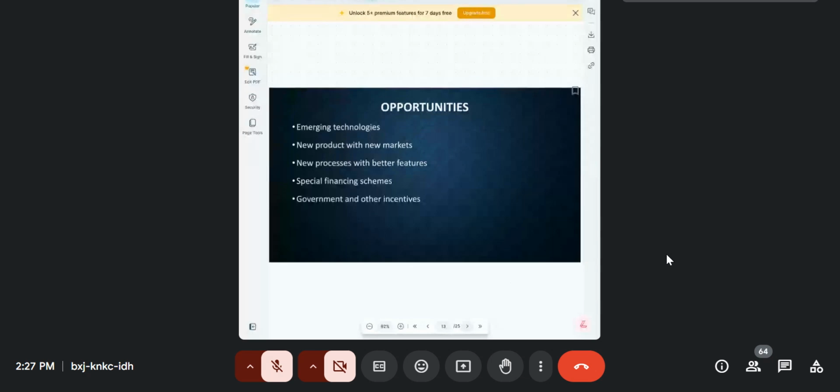So for example, you might be running an online business or online shop. So in our case, like in Kenya, one of the technologies that you can actually utilize would be something like bank cards and so on and so forth. Another one would be new products with new markets.